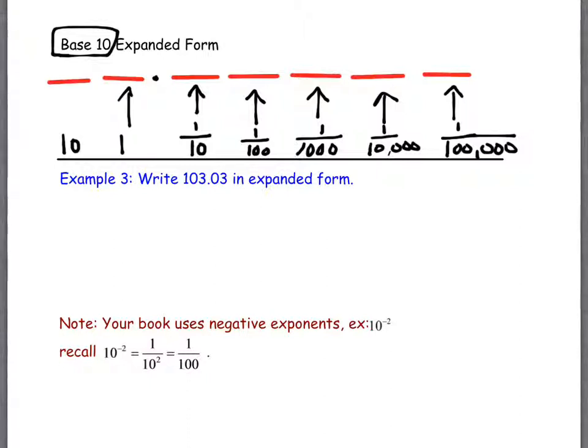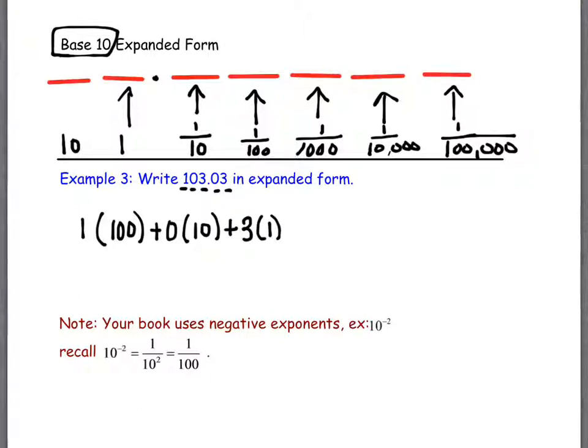All right, so one of the kinds of questions that we're going to look at is this question of writing an expanded form. So this number right here is 103 and 3 hundredths, right? That's how we would say it properly. So what I would like you to do is break it apart by place value. So this is 1 times 100 plus 0 times 10 plus 3 times 1.